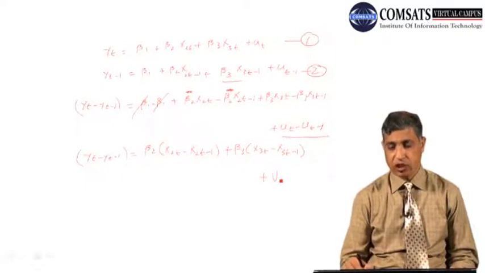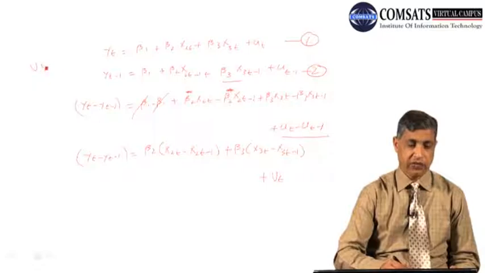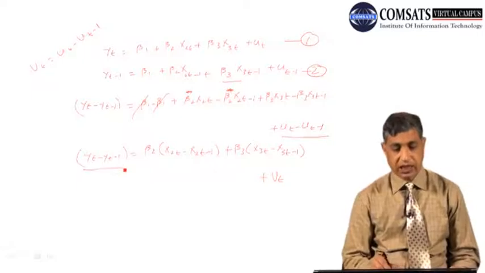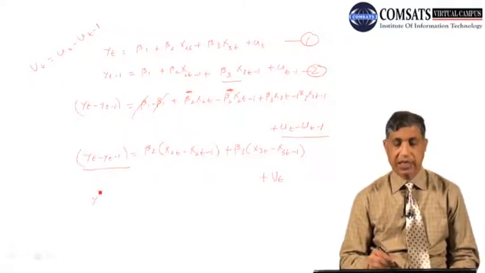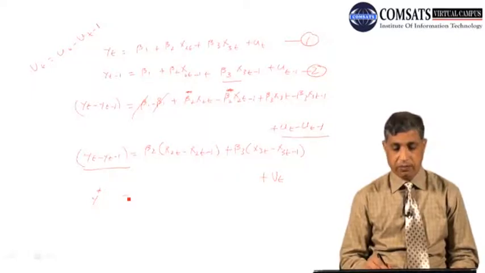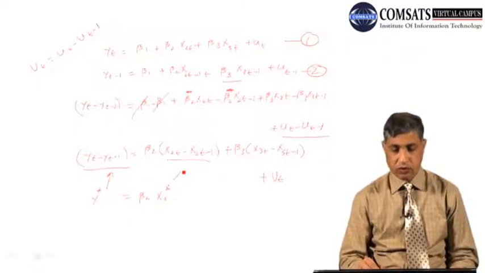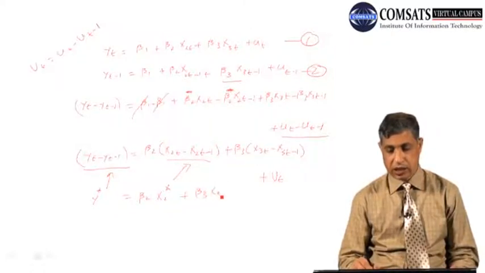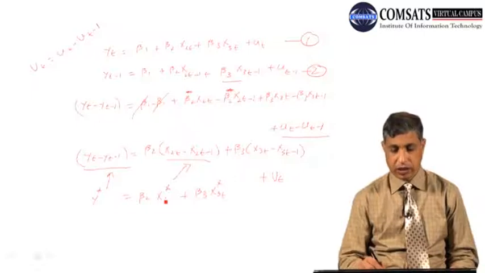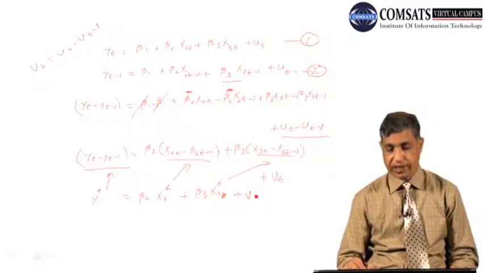I would write vt equal to ut minus ut-1. If I say that this is Y star, now I have to bring it into estimation form. It will become Y star equals beta2 X2 star plus beta3 X3 star plus vt.